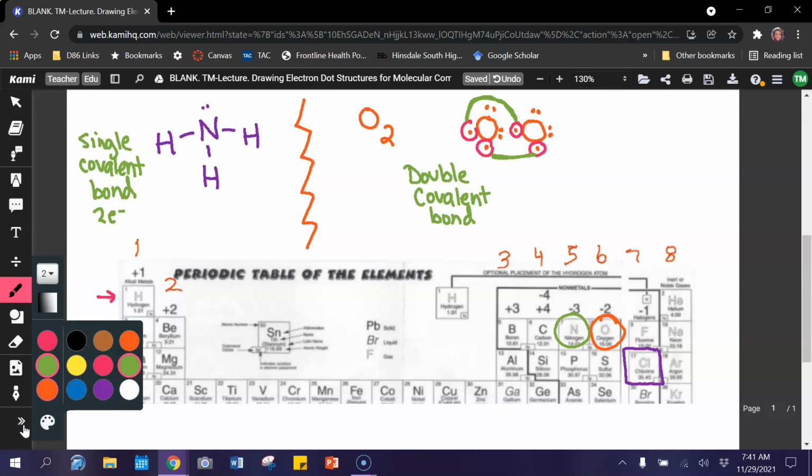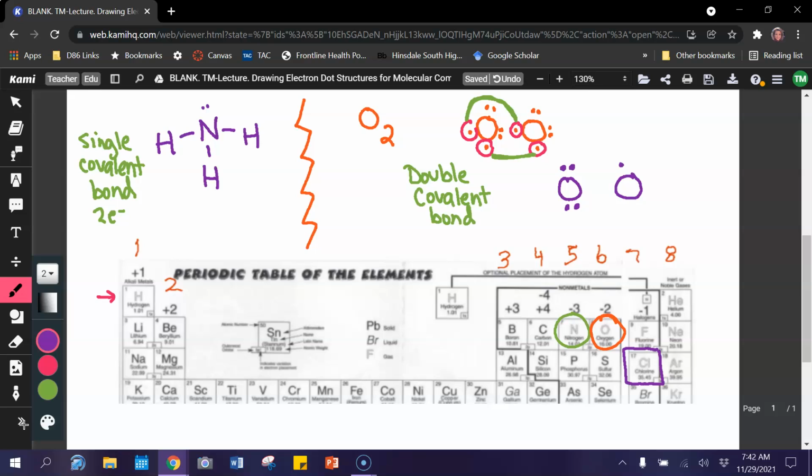And here's how it looks in my final drawing. Let's draw my oxygens again, but I'm just going to shift it so that my dots go top and bottom. You could draw this with the dots top and bottom, or you could draw these side and bottom. That would be fine too.